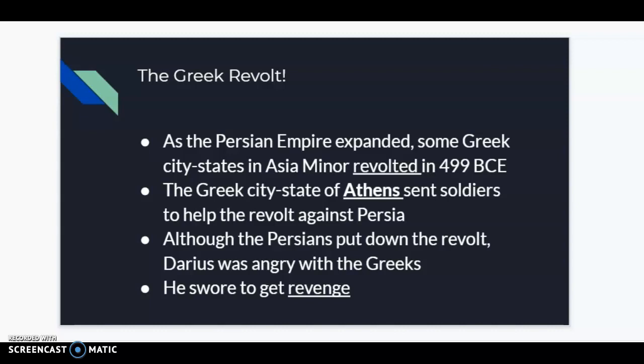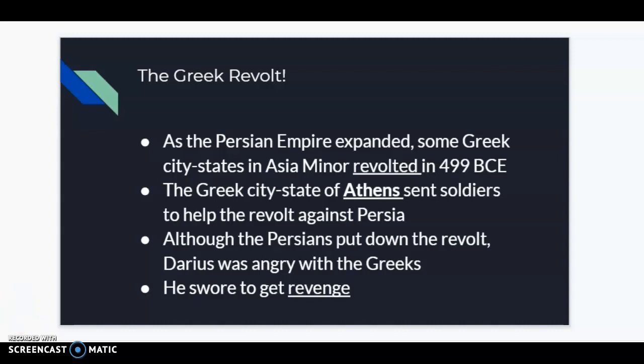They allow these conquered peoples to keep their customs, and that didn't matter to the Greeks. The Greeks didn't want to be ruled by anyone. They have that, as we talked about, government with the Greeks. They have an independent streak, and they like democracy.